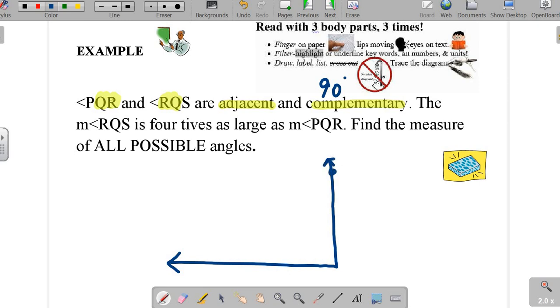So here we have PQR and RQS. Notice Q's in the middle. That implies Q is the vertex and R is the shared ray.